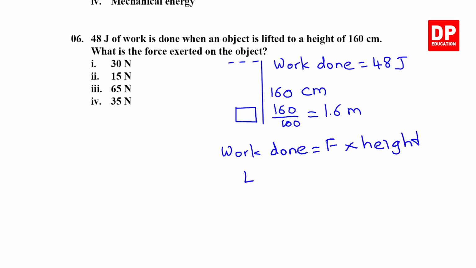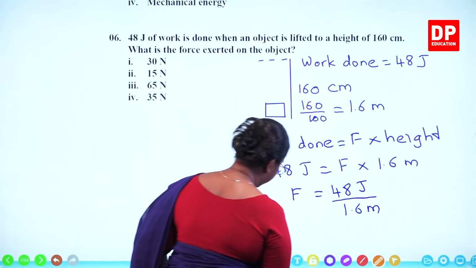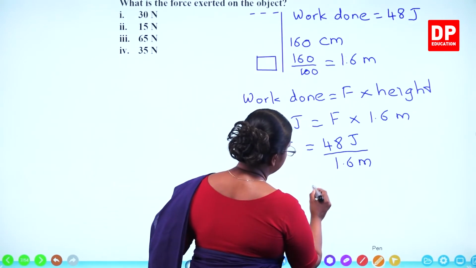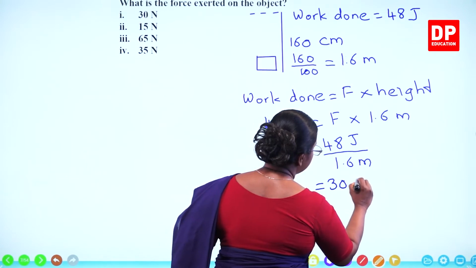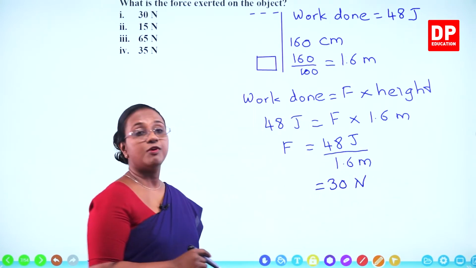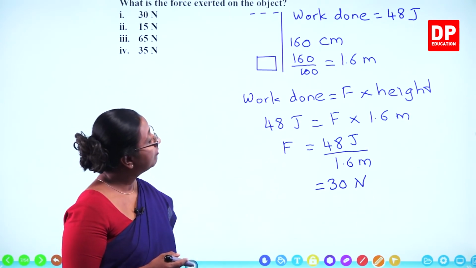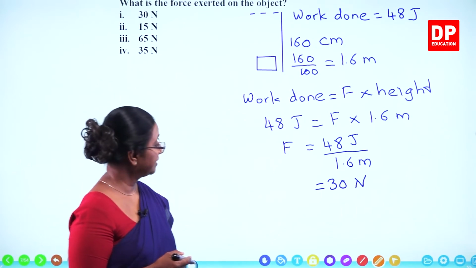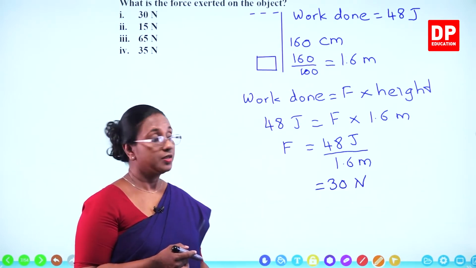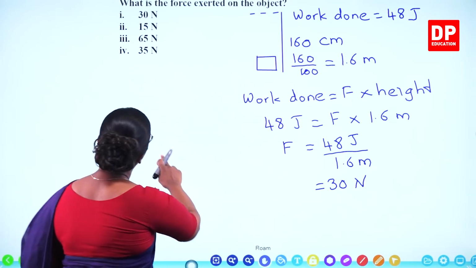So work done 48 joules. We don't know the force. We know the height 1.6 meters. You rearrange, force is equal to work done 48 joules divided by 1.6 meters height. So that will be equal to 30 Newton. 48 divided by 1.6. 3 times 16 is 48. So 48 divided by 1.6 meters is 30 Newton. So that is the force exerted.